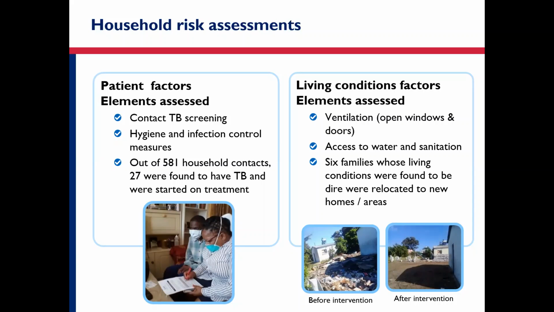And the social worker came in, mobilized the community, mobilized neighbors as well, and they were able to get someone to sponsor those cedar bricks to build a fence around the patient's home. Next slide, please.